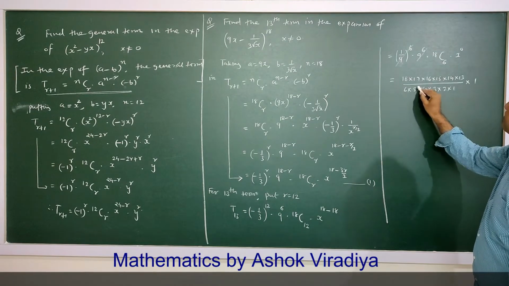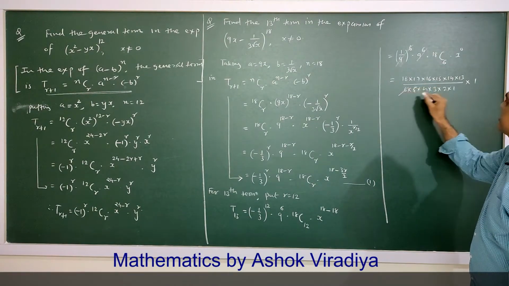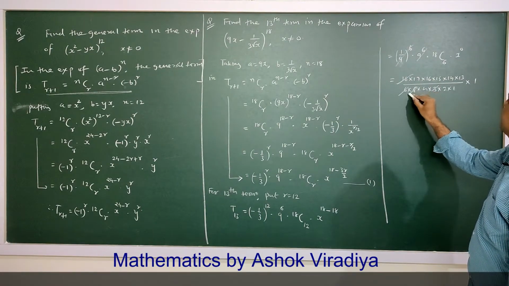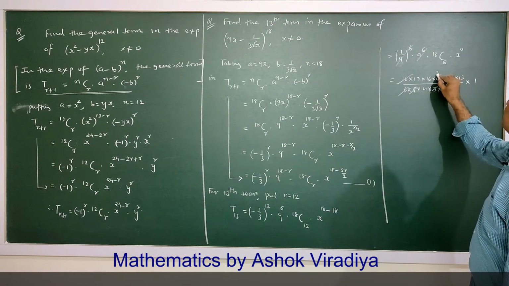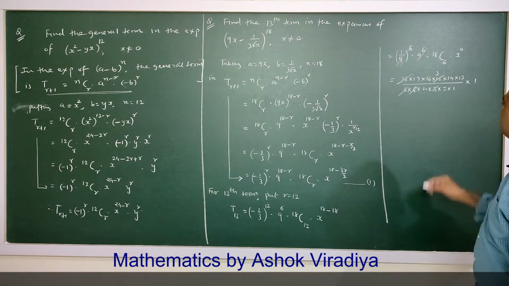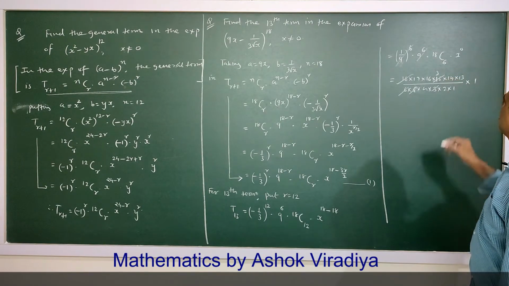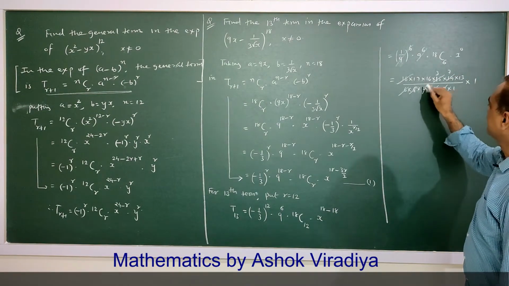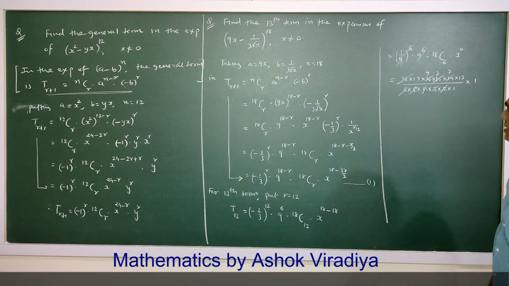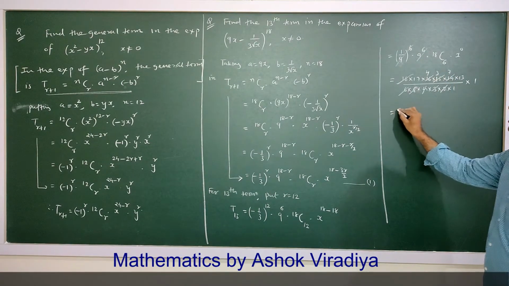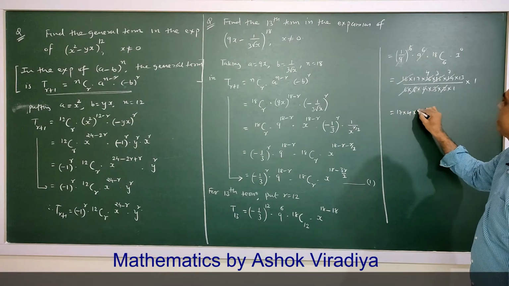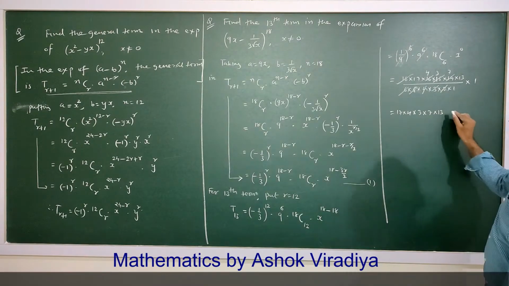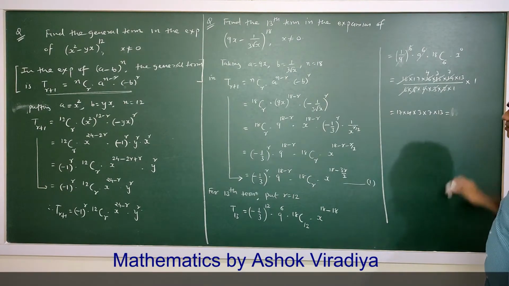So this is 6 into 3, 18. 5 into 3, 15. 2 into 7, 14. 4 into 4, 16. So what is left? 17 into 4 into 3 into 7 into 13. This can be calculated using a calculator.